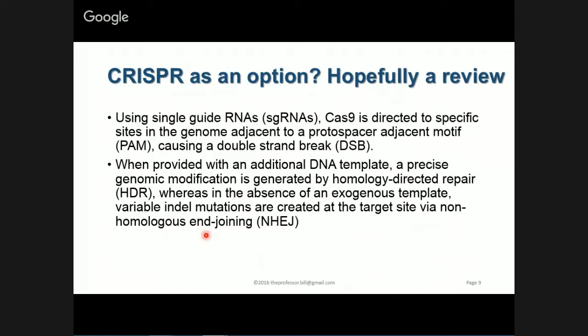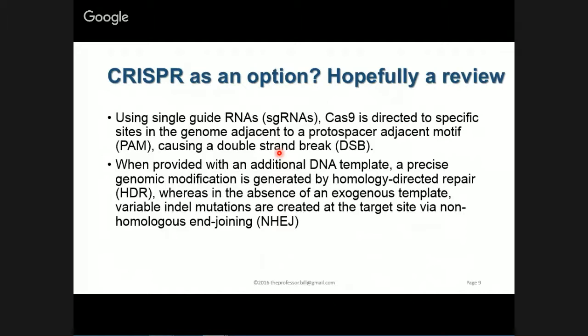Now, again, I'm not going to ask you to go into a lot of detail. I'm going to tell you that this is probably a slide that you want to come back and review because some of you, it might have been a while since you've taken genetics, but we've already talked about at the very top about using single guide RNAs to attack one strand of DNA, and that we know that the nuclease will actually cause a double strand break in a region, and that results in an indel if we want to eliminate the gene from being expressed.